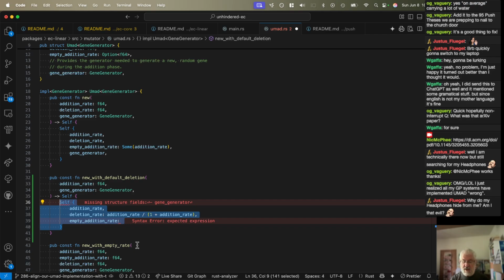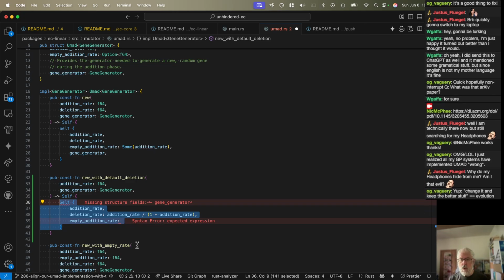And obviously, there is nothing wrong with your implementation of UMAD. The problem is, from a scientific perspective, if you are to share your results and say, I got these results using UMAD, and people exactly change it and keep better stuff, that is evolution.